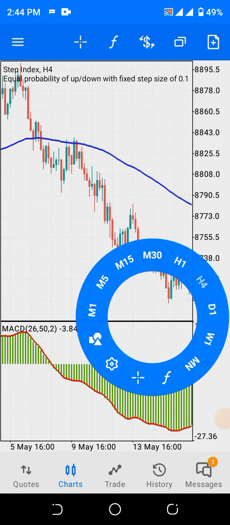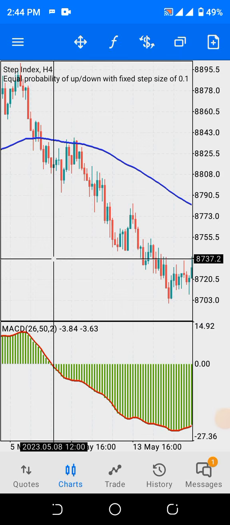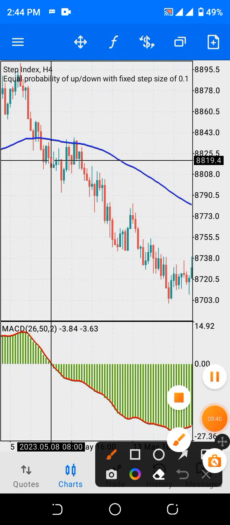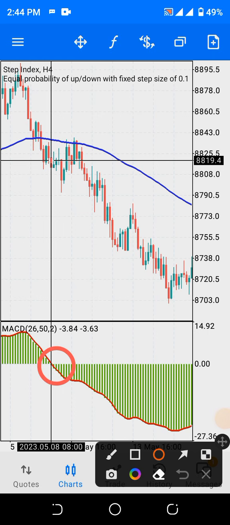All right, at this point the MACD crosses again downwards. As you can see, the MACD crosses from up downward, which shows a sell signal. So how do we confirm that is a sell signal? The candlestick where the correction occurs must be below the moving average.